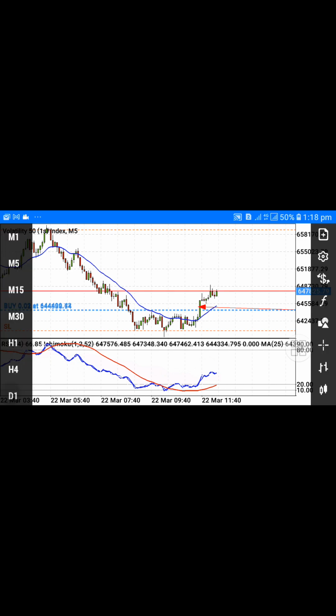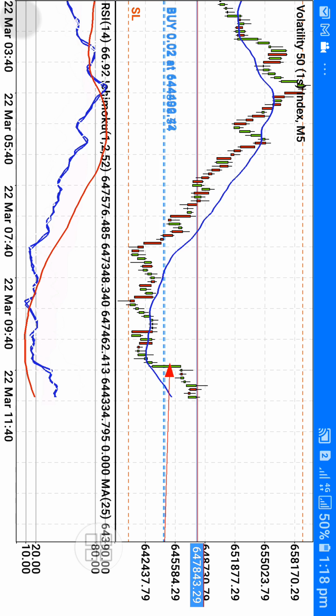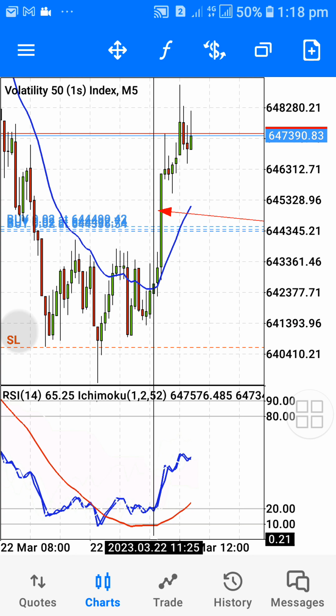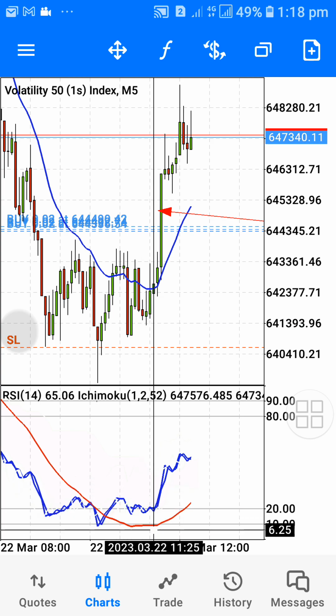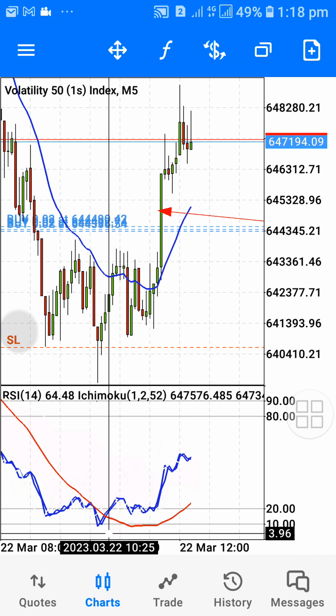Once you see that condition, let me turn the screen down so you can also see it very well. Once you see this condition meet up, we enter the trade from here, and you see these two lines dropped along this area.